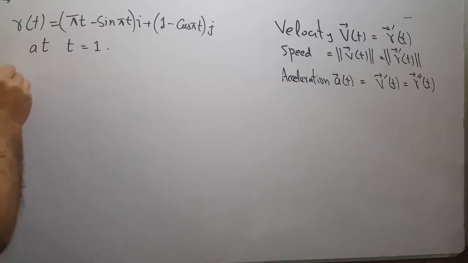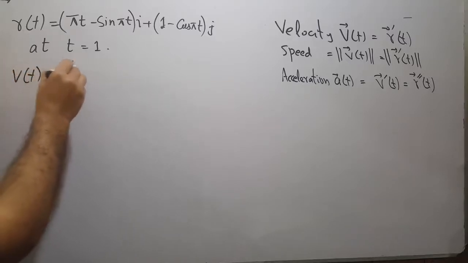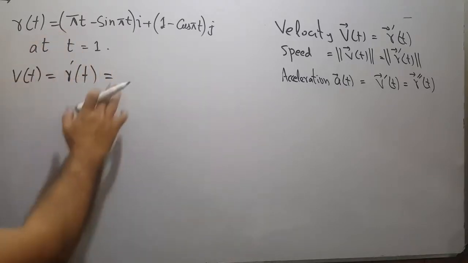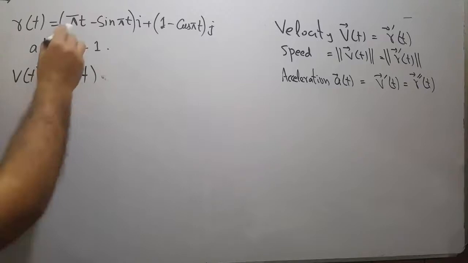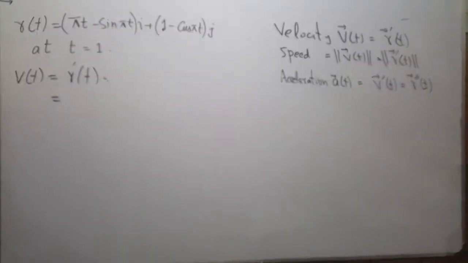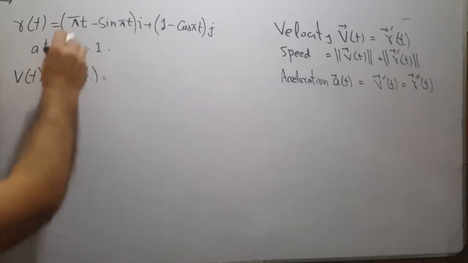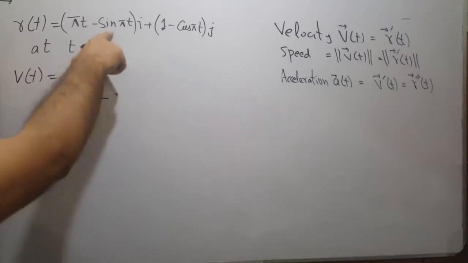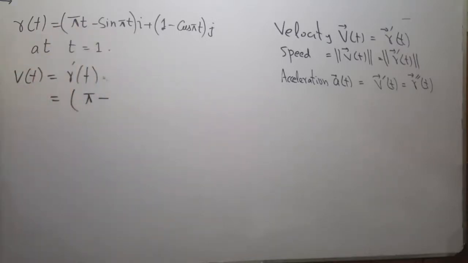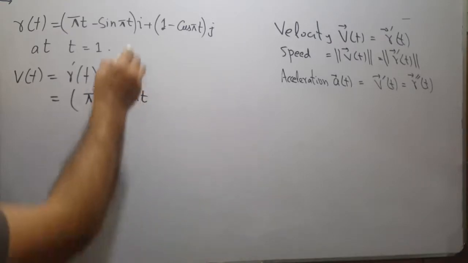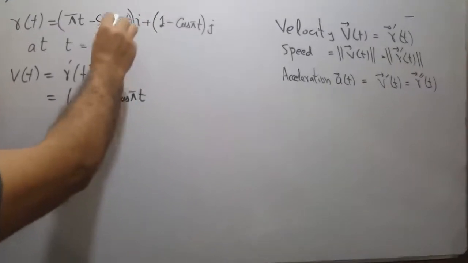So the first thing we need to know is our velocity is the derivative of the vector valued function, so we need to find its derivative. The derivative means you have to find the derivative of each component separately. So the derivative of pi t would be pi, minus the derivative of sine is cos pi t, and then you have to find the derivative of the inside one.